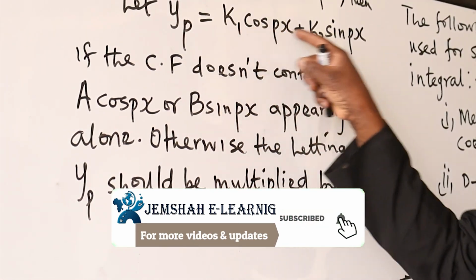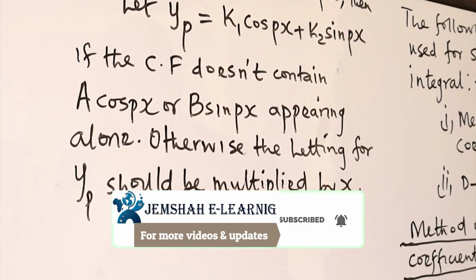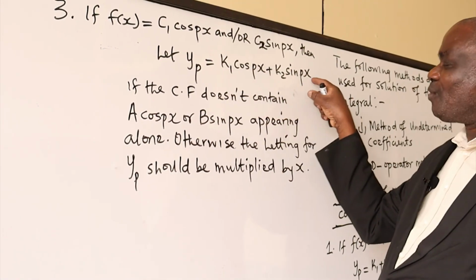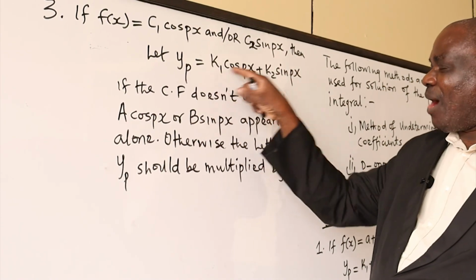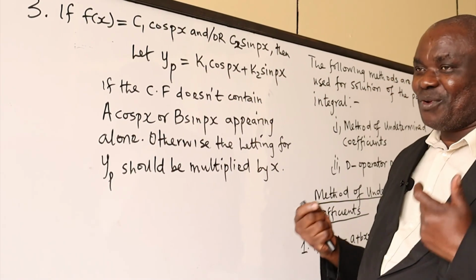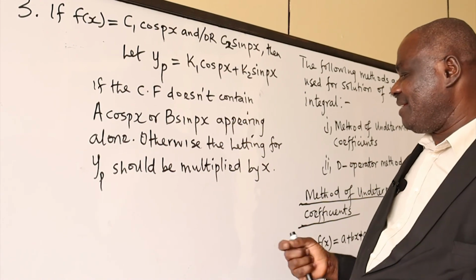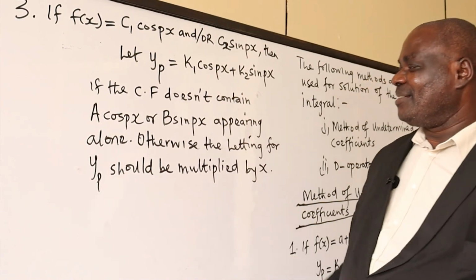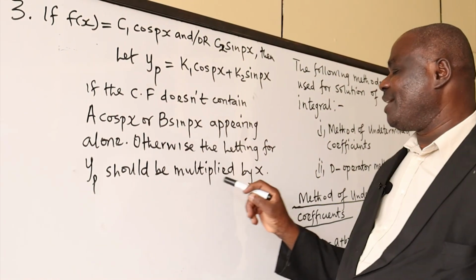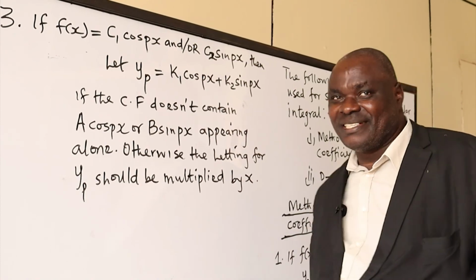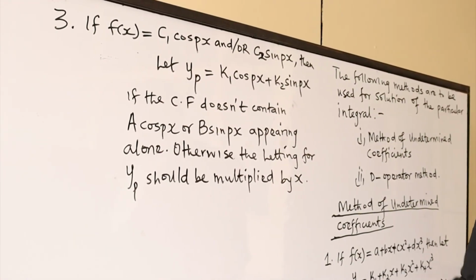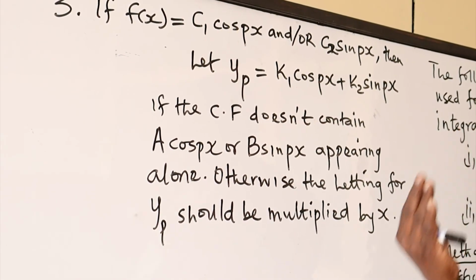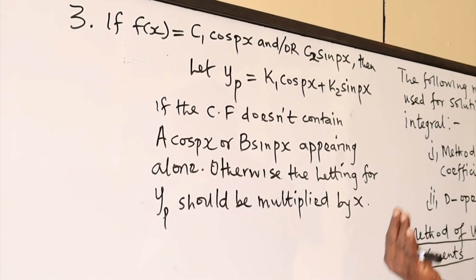Otherwise, if any of these appears in our complementary function, then we deviate from the normal letting for yp by multiplying each and every term by x, so that we make it different from whatever is already contained in our complementary function.